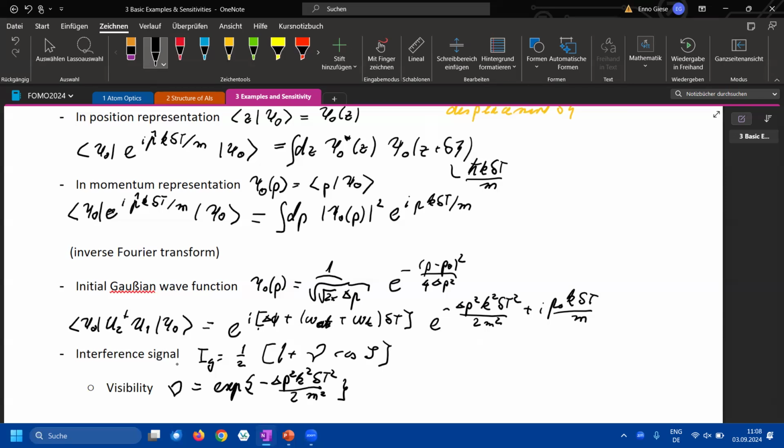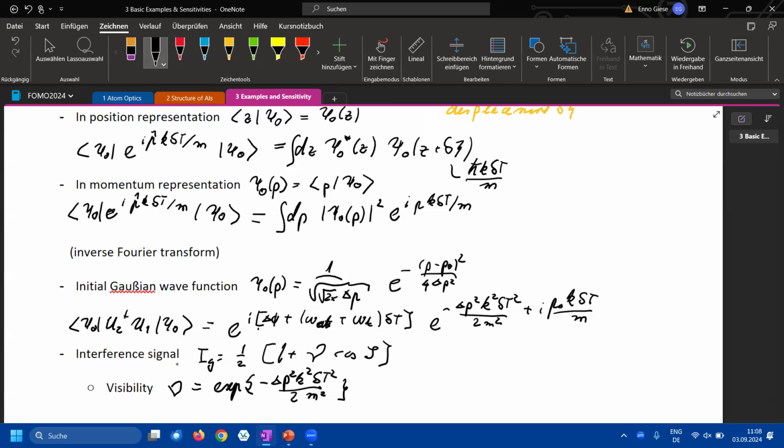But of course, nothing is completely delocalized in space. So as soon as we have a finite momentum width, we observe a decrease in contrast. We can also decrease this visibility by increasing the displacement, because that is basically just a parameter in delta T.